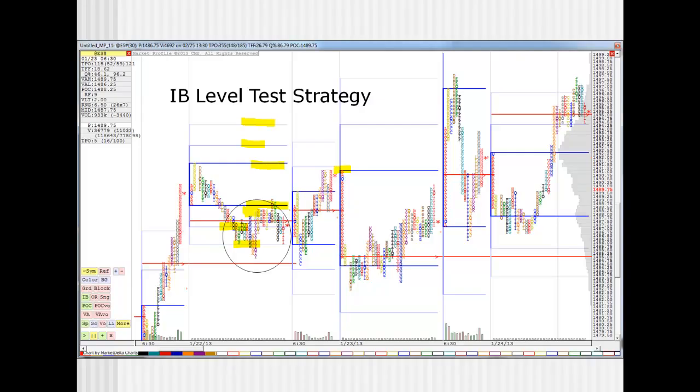If you take that long, and now your target would be the initial balance low down here, once you wait several periods, you will make it, and you'll be able to arrive at your target and take your profits. Then look at what happens. This was the first, second test. We got two tests here, and now they have both failed.